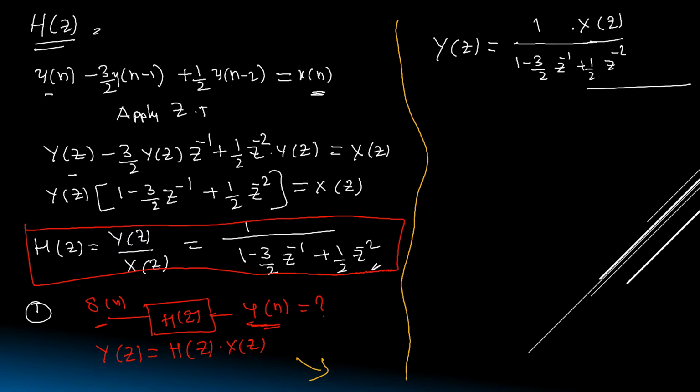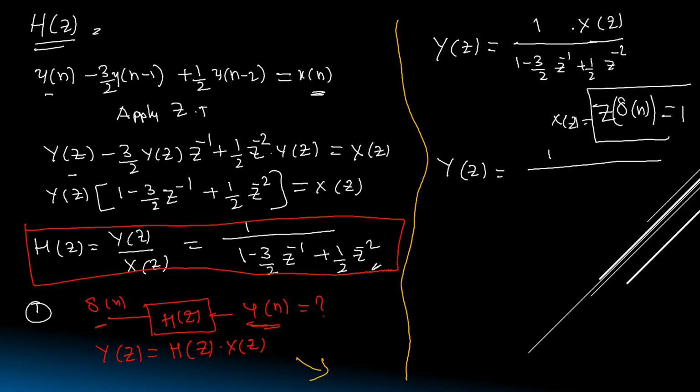Here, what is X(z)? The input is delta(n), and you know that the z transform of delta(n) is 1, so X(z) becomes 1. So my Y(z) is equal to 1 / (1 - 3/2 z^-1 + 1/2 z^-2).